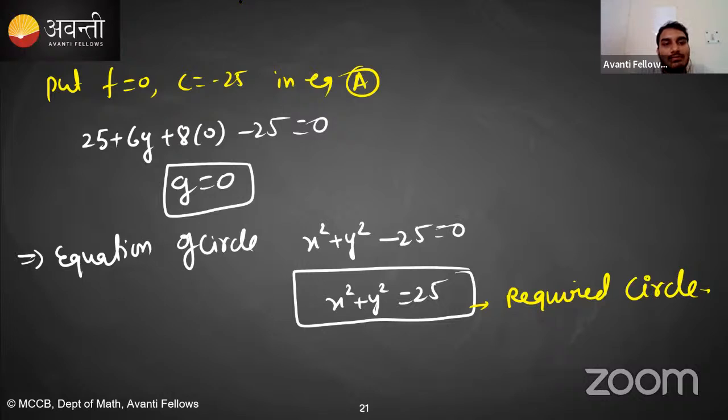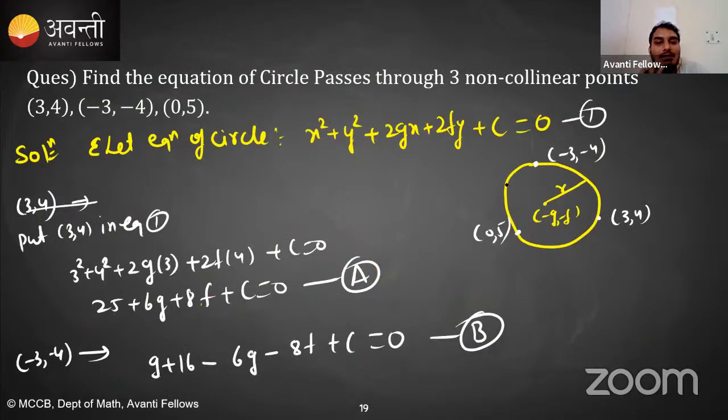Is this clear, students? So the question said that a circle is passing through these 3 points, and we have to find the equation of the circle. So we assume that the equation of the circle is x square plus y square plus 2gx plus 2fy plus c equal to 0. This circle should pass through these 3 points. So putting the 3 points in the equation of the circle, they should satisfy it.